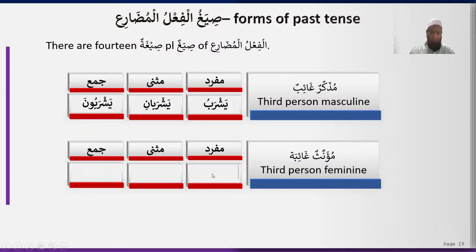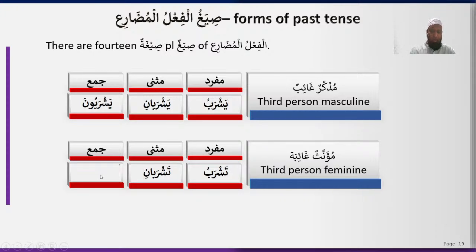مؤنث غائبة. For غائب مؤنث, I need the ta as حروف المضارع. Ta. Again, the shin is a sukun, the ra a fatha, and the ba a dhamma to show it is marfu. تشرب. تشربان.